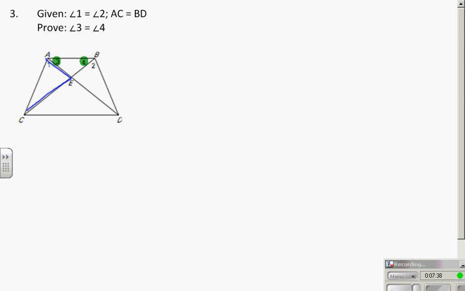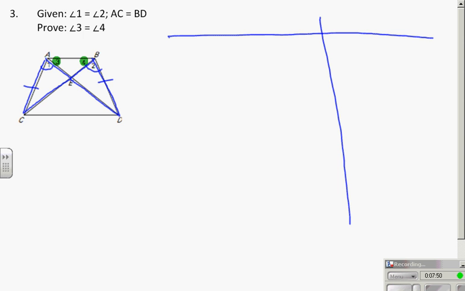So where I need to start is with the butterflies. So I know angle 1 and angle 2 are equal, and angle AC and angle BD. And when I mark those, it's clear to see that I'm closer to proving those 2 triangles congruent than any others. How that helps me, we'll see in a minute.